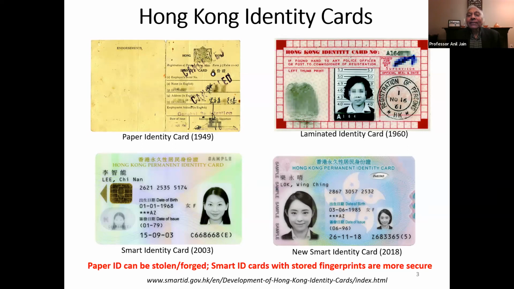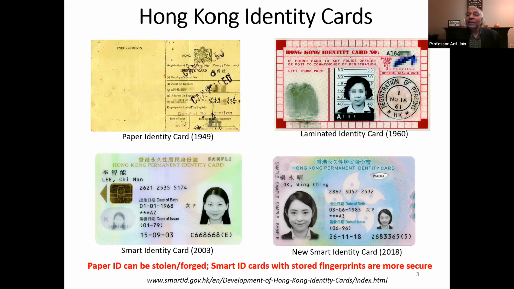So this clearly explains why we need biometrics or fingerprints in smart ID cards. Paper ID cards can be stolen or forged. Smart ID cards with stored fingerprints are more secure. They are very difficult to tamper with. And that's the reason why everybody in Hong Kong is required to have these smart identity cards.